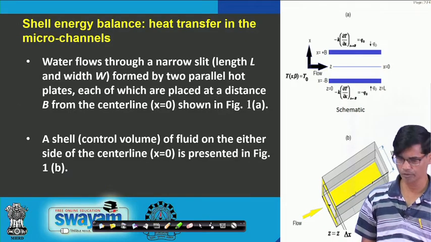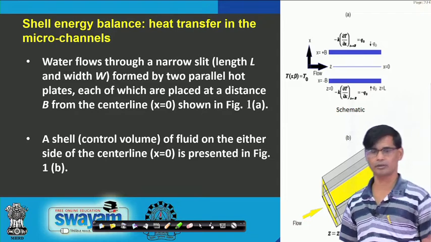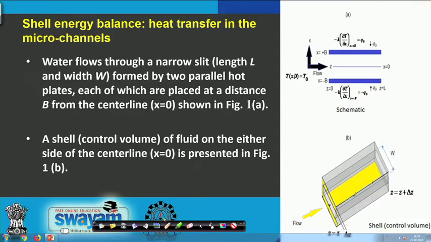Here, if you look at that diagram, regarding the cell balance, as you see in figure A, this schematic has two blue bars, which are the walls of the slit, and this center line is x equal to 0.